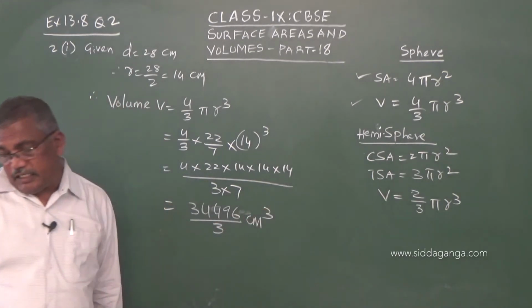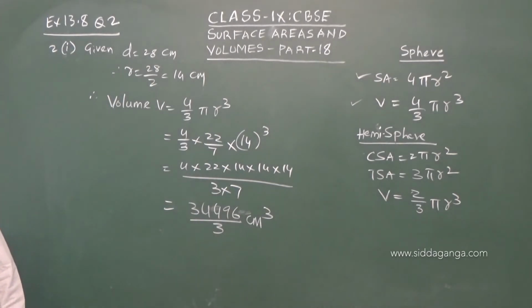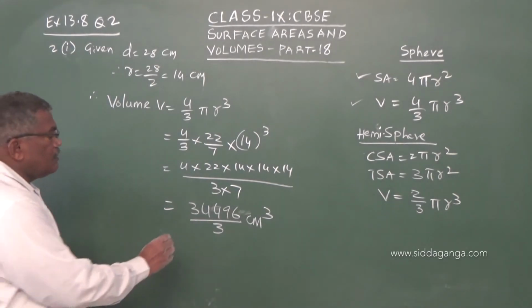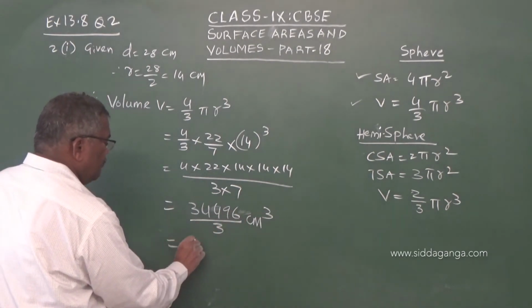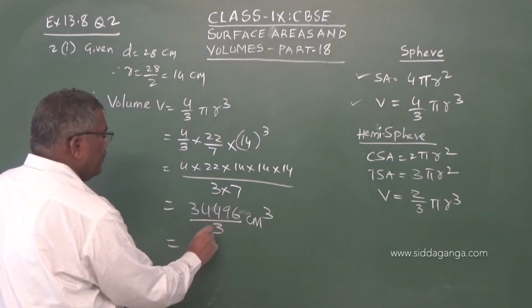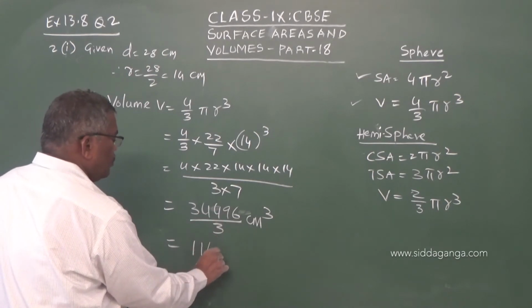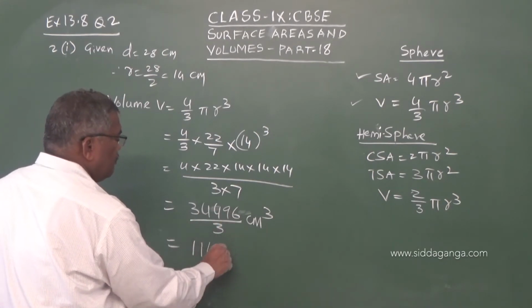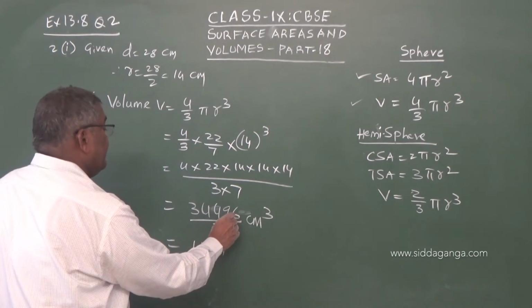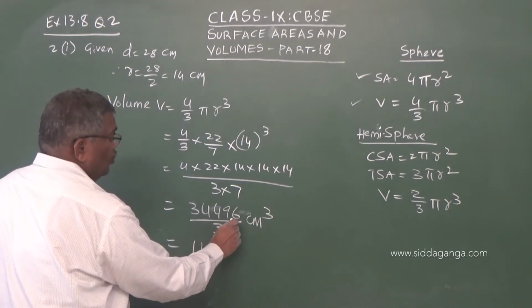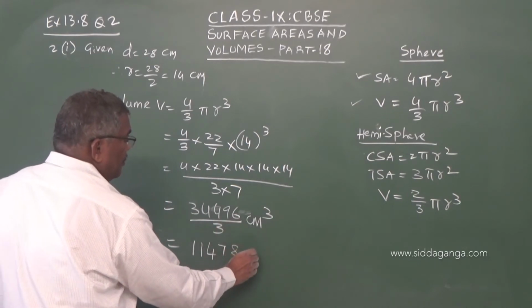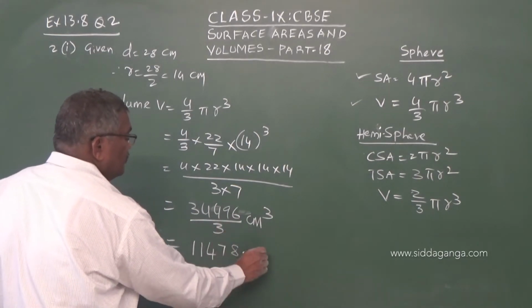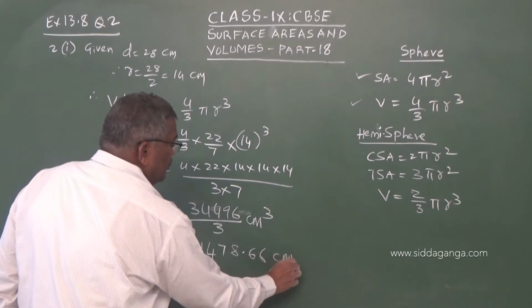You can divide and put the answer also, or you can keep it as it is. This is the volume. Or 3 ones are 3, 3 fours are 12, 3 sevens are 27, and so on, centimeter cube.